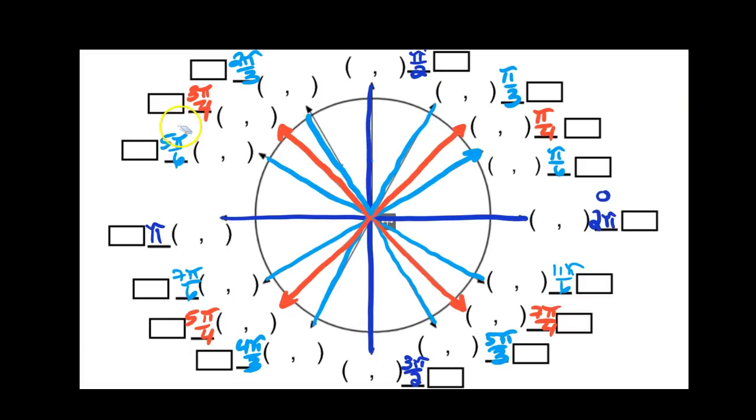Now, there might be some things that you just got to flat out memorize, but as you study this, there are ways to study it without just memorizing. Like take 5 pi over 6, for instance. If you remember that this line right here is 5 pi over 6, you could say, well, I know that half a circle is pi. And if I take pi and I subtract from it just 1 pi over 6. See how this right here, it's like the 30-degree equivalent?